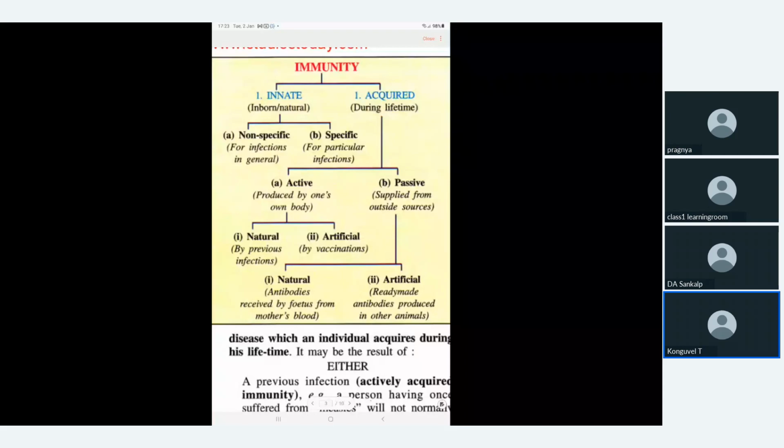We ourselves administer the disease-causing organisms in weakened form and provoke the immune system. The immune system develops immunity against that particular pathogen and keeps it in memory. So when the real pathogen enters your body, it is trained to attack it. Example, you all love cricket, like a practice match.